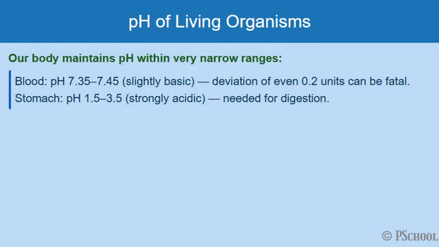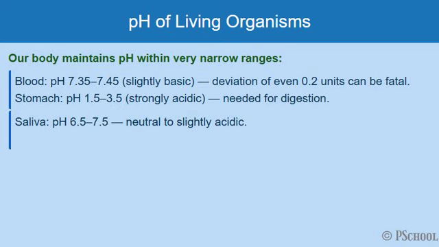Stomach, pH 1.5 to 3.5, strongly acidic, needed for digestion. Saliva, pH 6.5 to 7.5, neutral to slightly acidic. Urine, pH 4.6 to 8.0, varies with diet and health.